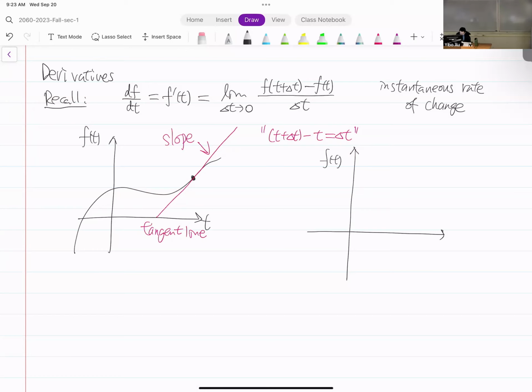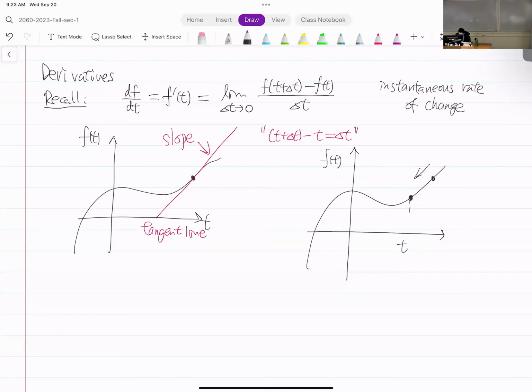So basically, you pick another point along the curve, and then you push that point closer and closer to the point that you're looking at. Right? So this is the point that you're looking at, which is B. You pick another point, and you make that other point closer and closer towards this point.